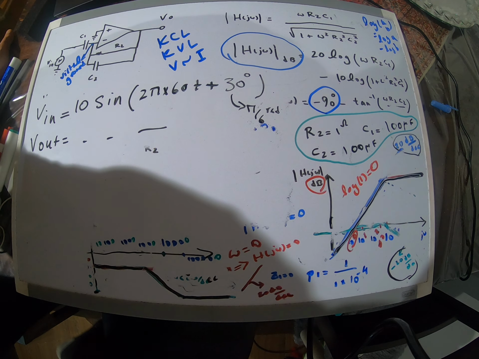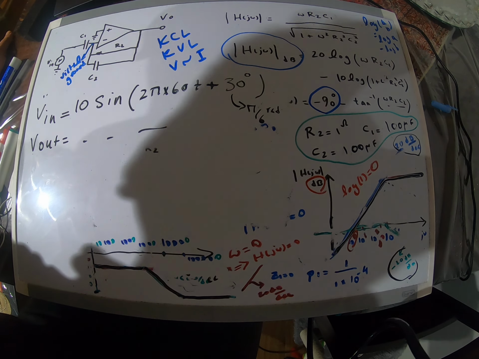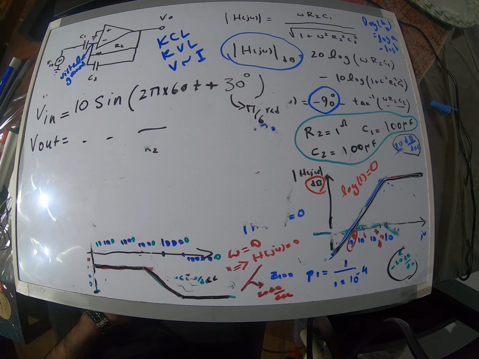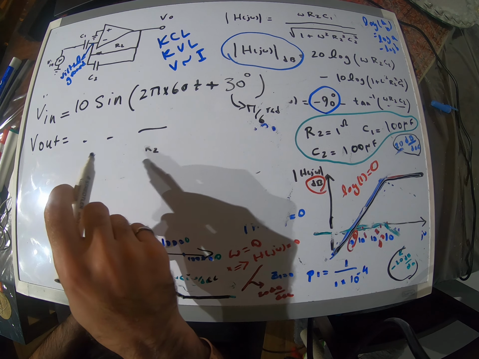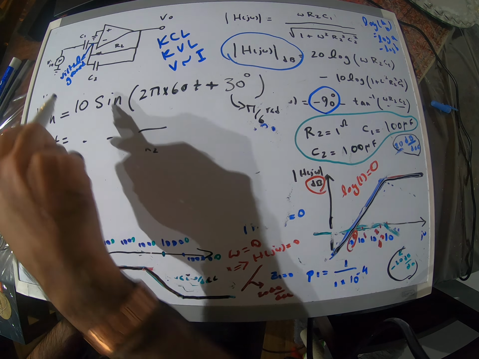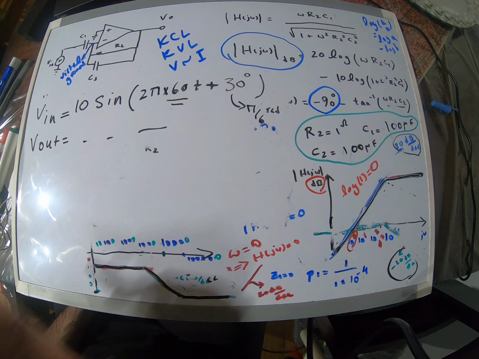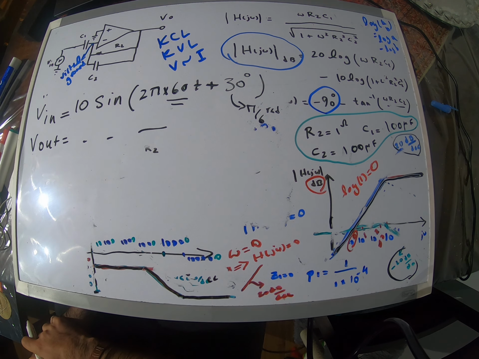Okay, how do I find this out? This is a linear problem. So it means that when we have a sinusoidal input, we're going to have a sinusoidal output with the same frequency. The frequency is not going to change.